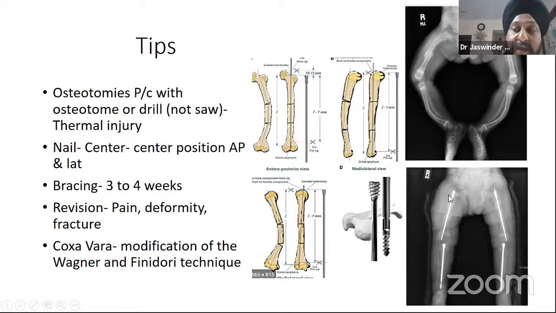While inserting the rod, we also pass two K wires into the neck, and with some kind of SS wire or fixation system, we stabilize those with the intramedullary rod from the lateral side of the greater trochanter. That is the Wagner modification. You can go through the paper for details about it.